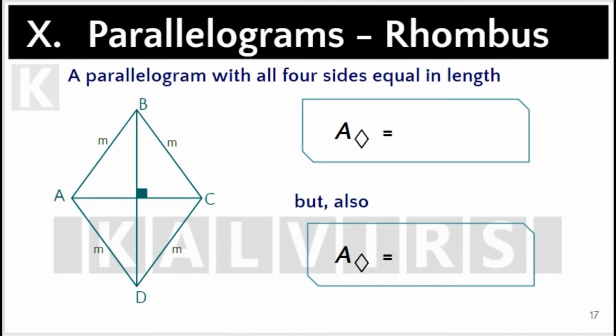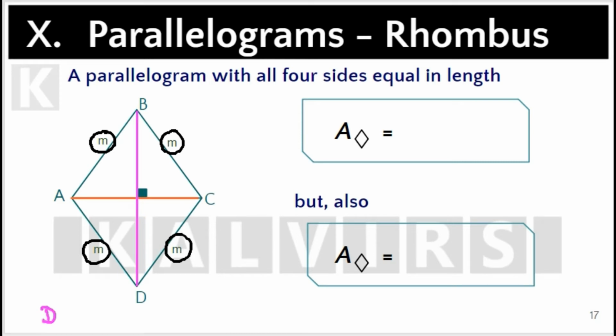A rhombus is a type of parallelogram with 4 equal sides. Side AB is equal to side BC, to side CD, to side AD. The diagonals of a rhombus are the segments that connect two opposite vertices, diagonal AC and diagonal BD.